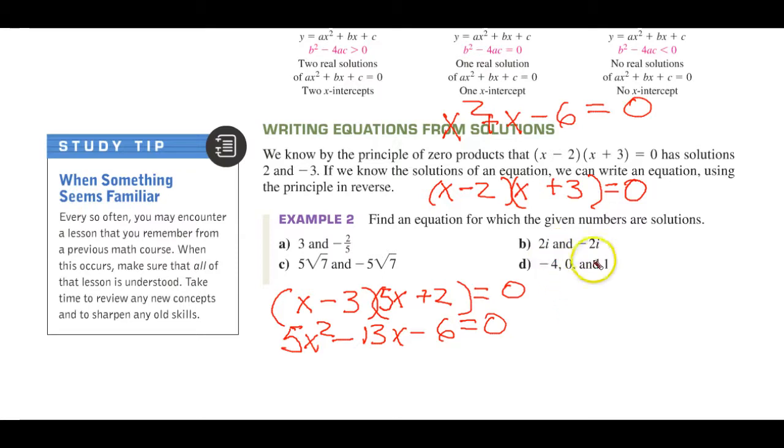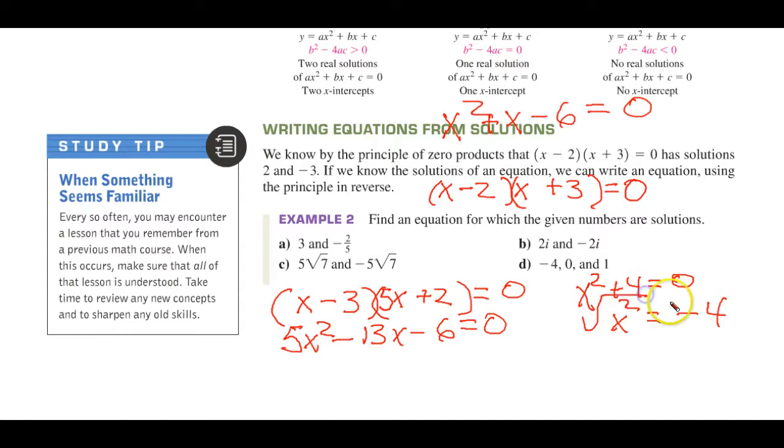But this would look like this, I think. X squared, because I can see it here, plus 4 equals 0. Then, using the square root principle, we're going to transport that to this side. That becomes a negative 4.